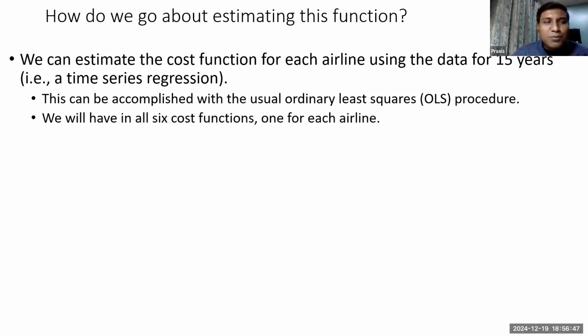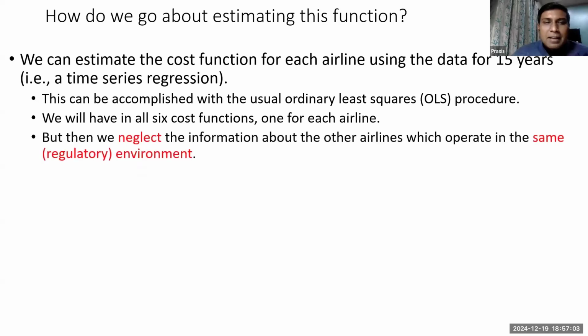But we will have in that case 6 cost functions, right? One for each airline, correct? So I'm estimating 6 different functions for 6 different airlines. That is one approach. But if I take that approach, it is flawed, right?